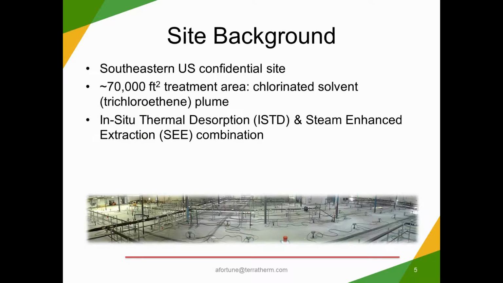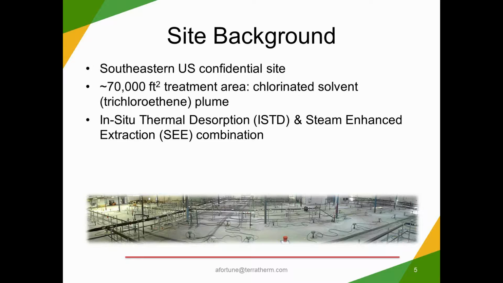So jumping into our site where we used the FTIR a few years ago, this is a confidential site in the southeastern United States. It was about a 70,000 square foot treatment area in the subsurface, a site contaminated with chlorinated solvents, primarily trichloroethylene, also associated breakdown products.